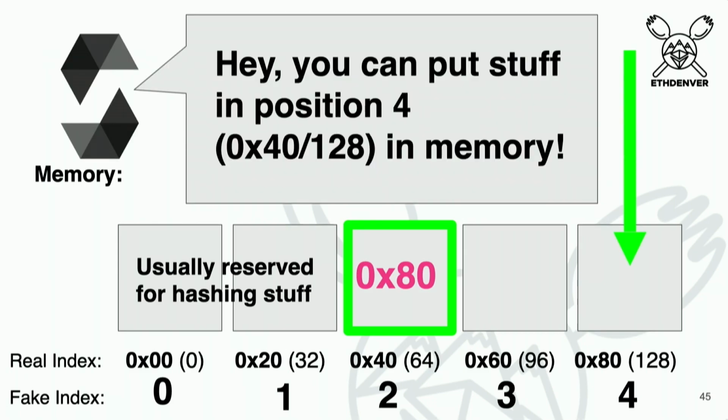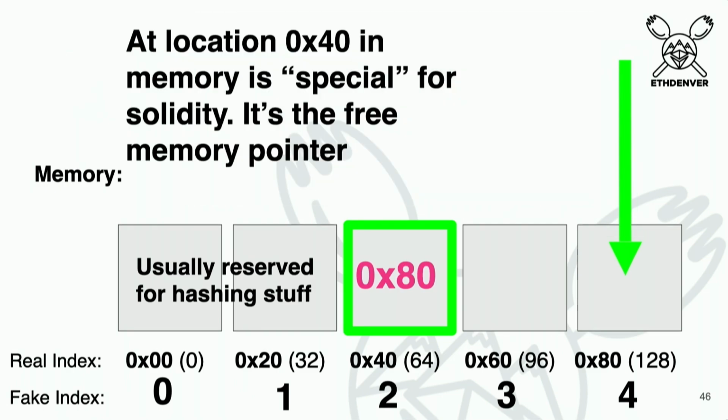And what this is doing is it's telling Solidity, hey, there is free memory at the 0x80 spot. So this position in memory, 0x40 or fake index 2, is telling us where the next lump of free memory is, right? This 0x40 is a special spot in memory in Solidity.